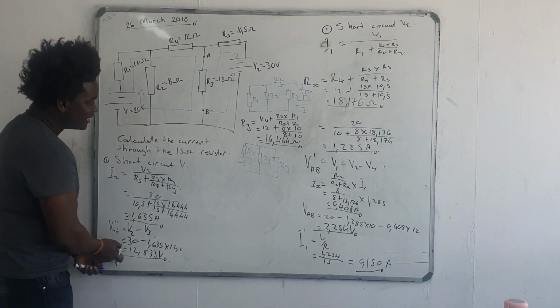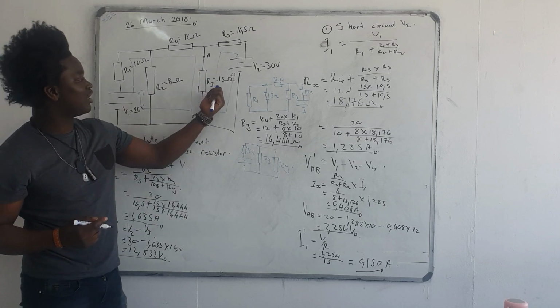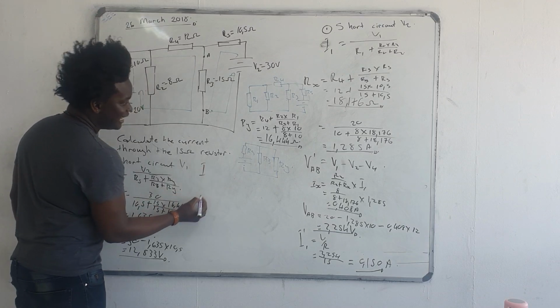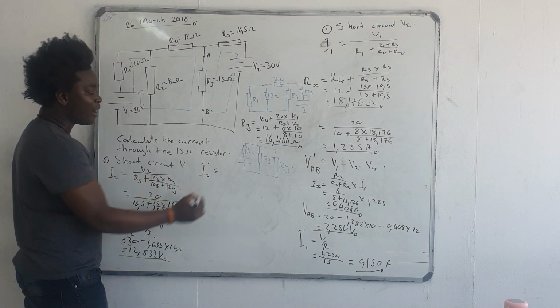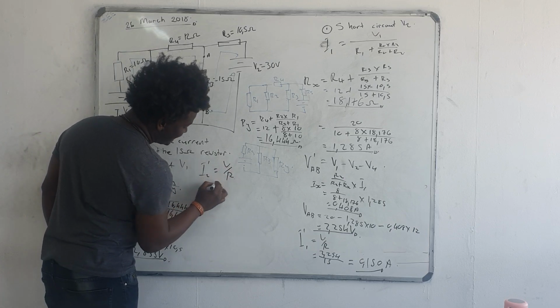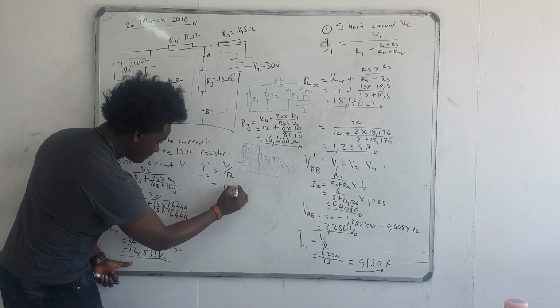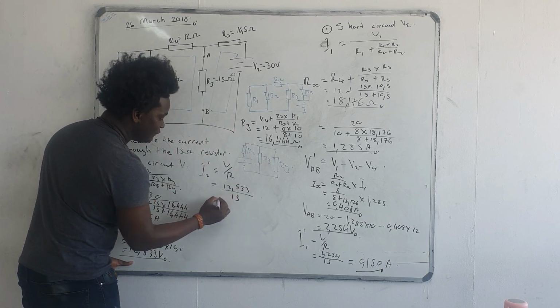Now, since we've calculated the voltage at AB, the next step is for us to calculate the current that is being produced here. Let's call it I2, with a dot on top. So our I2 is equal to voltage divided by the resistance. The voltage we calculated to be 12,833, divided by the resistance here, which is 15.